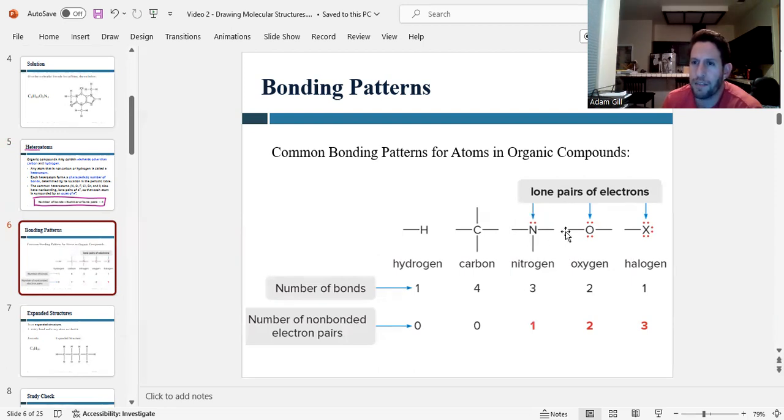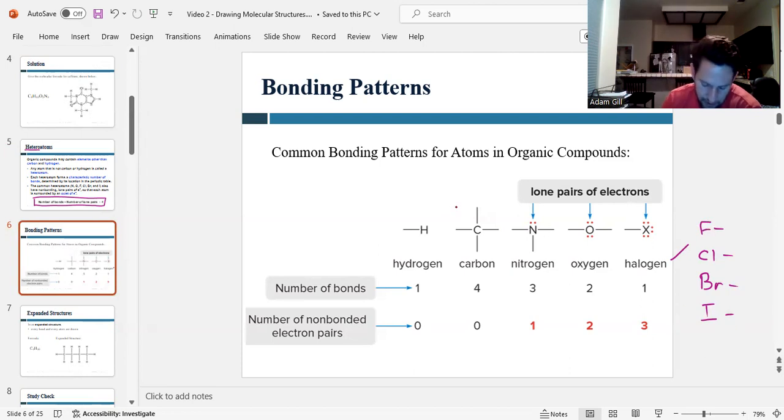Oxygen forms 2 bonds and has 2 lone pairs. And halogens always have one bond and three lone pairs. And in case you forgot, halogens are fluorine, chlorine, bromine, and iodine. So those are referred to as the halogens. And so they're abbreviated here as X for any one of these four.